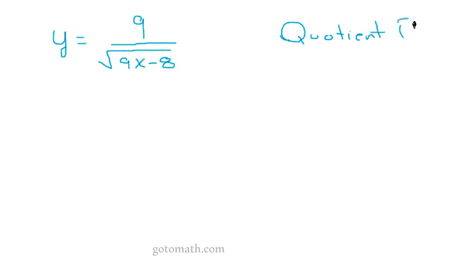We have y is equal to 9 over the square root of, and under the square root is 9x minus 8. Now we're supposed to be using the quotient rule in this problem.